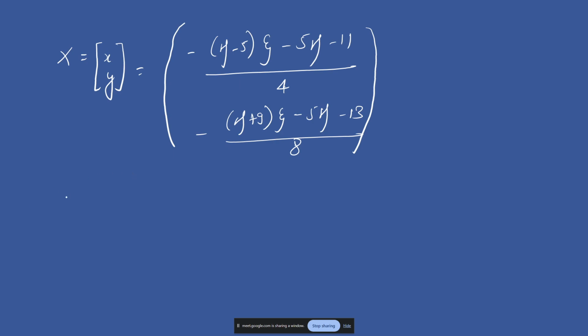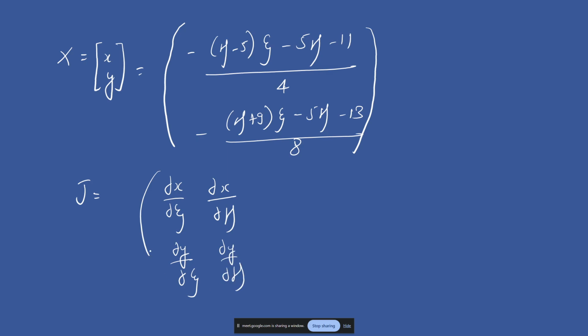Once you have that, you can calculate the Jacobian matrix. The Jacobian matrix is given by dou x by dou xi, dou x by dou eta, dou y by dou xi, and dou y by dou eta. So this is your Jacobian matrix.